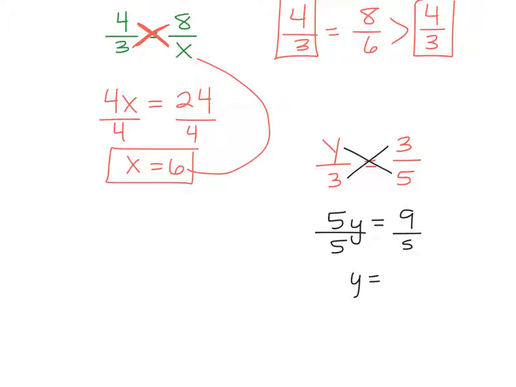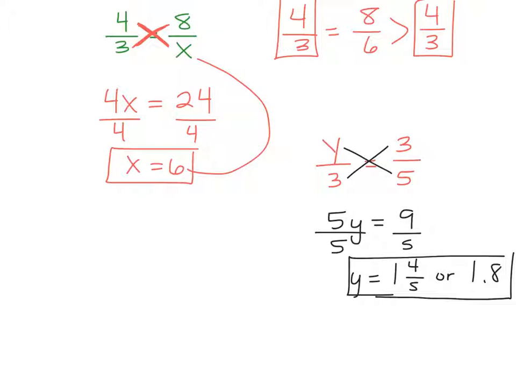So y equals 9/5. You can either call it 1 4/5, or if you want to make it a decimal, that would be 1.8. Either one of those is a good answer. I will take either one. It's up to you if you want a decimal or a fraction. Questions on that?